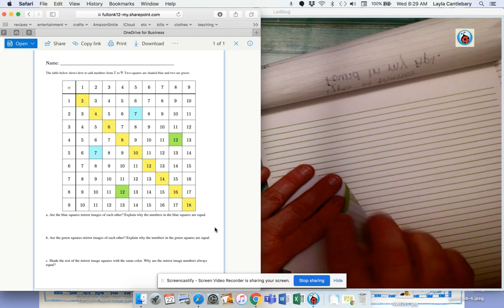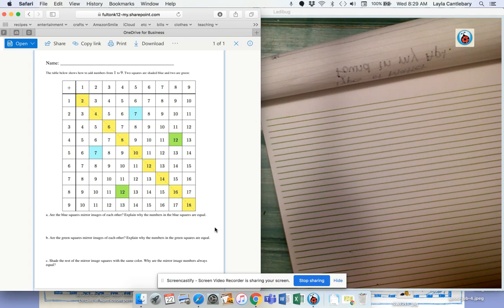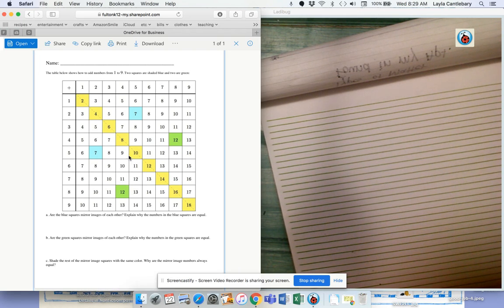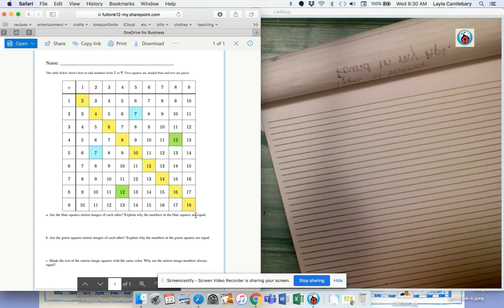And it's asking, do they match up? Yes or no? If you folded it on this line, would they be equal? And if you have a printer, you can always print this out and actually do that.